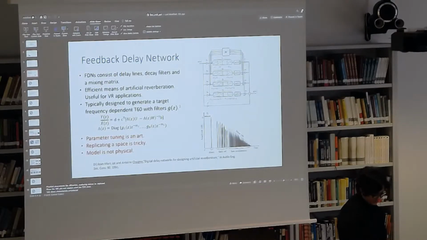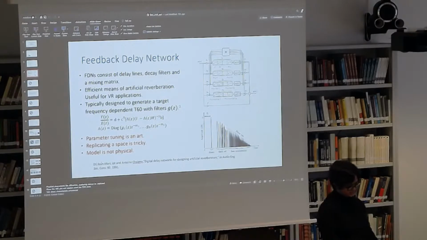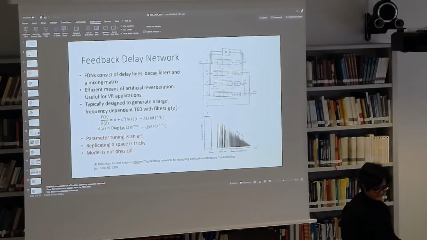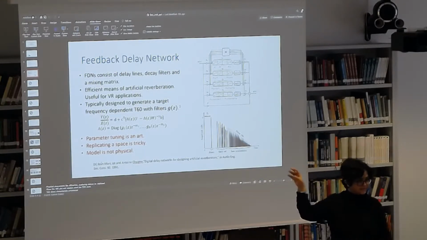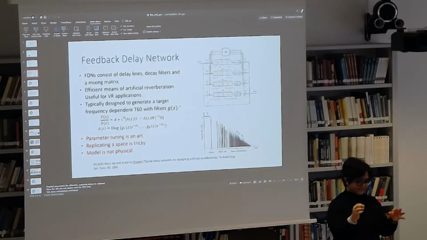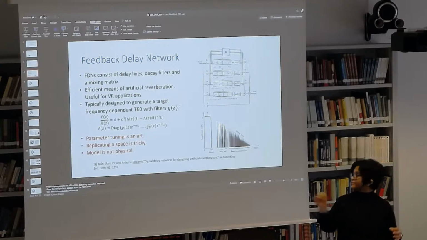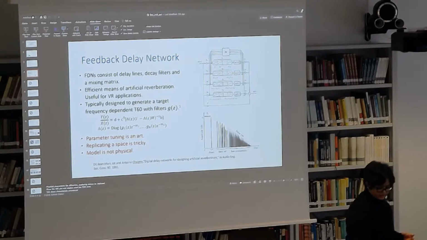Yes, I think the paper that I cited here, although it's not the first paper on FDNs, is the paper that was really picked up by Jean Magro. The concept is that you have these different memory elements, which are called delay lines. Each of these delay lines has an associated filter, G1, G2. Overall, the net effect of this kind of structure is to create this room impulse response in the time domain.